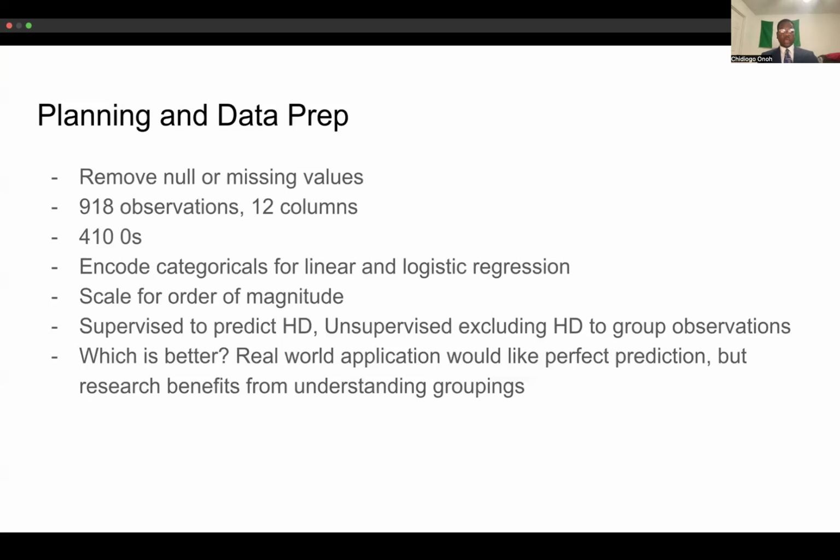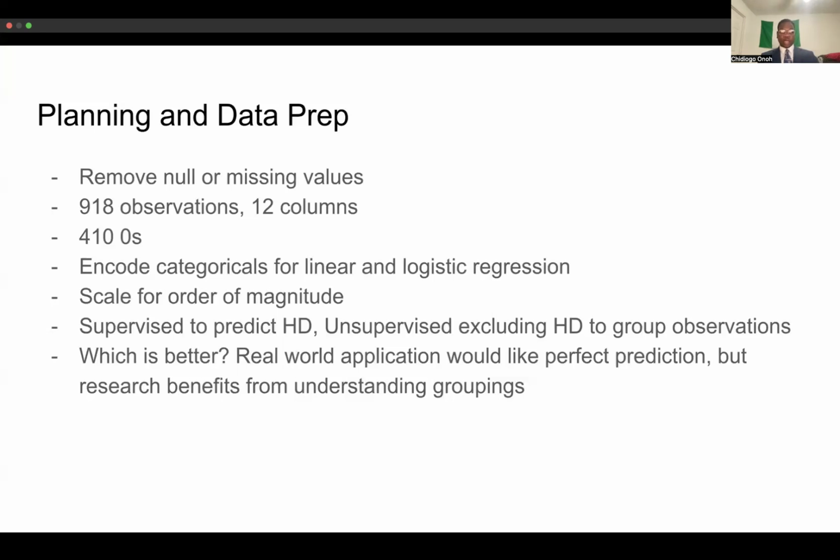We'll be continuing with supervised and unsupervised methods. So which is better? With supervised methods, we can predict on heart disease. We can also do that with unsupervised methods, but in those cases, we'll be using these mostly for our feature selection because they are good at grouping, clustering, and associating the observations with one another.